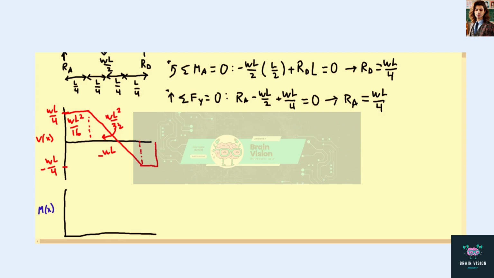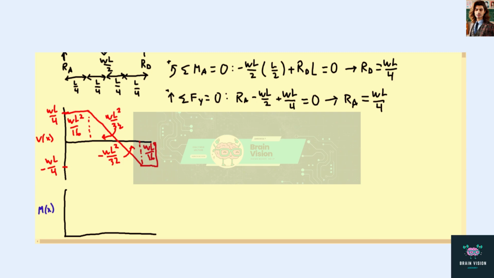And so the area of the second triangle is negative since it's below the axis. And our last box also WL²/16. Okay, and we can use that to draw our bending moment.